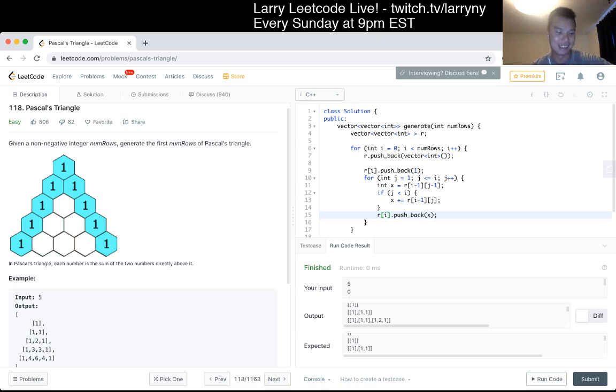Shades of this array Pascal triangle come back in dynamic programming, and you should really want to do it. But otherwise this is probably on the easy side.